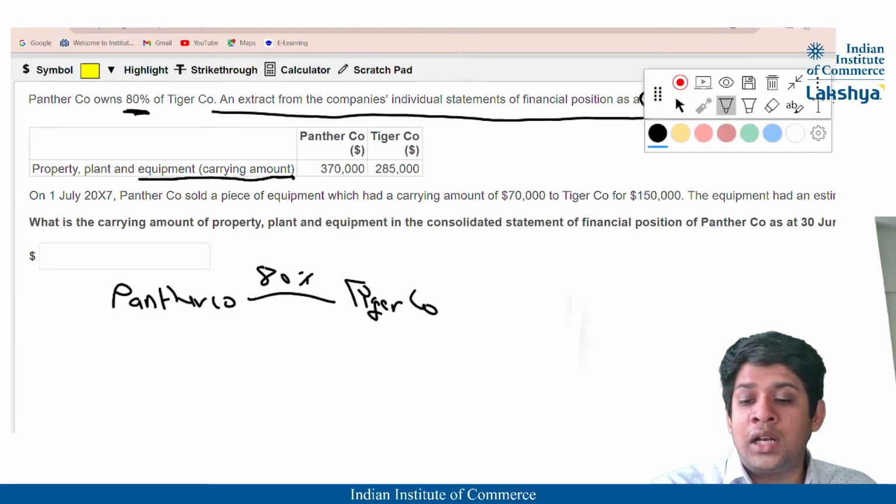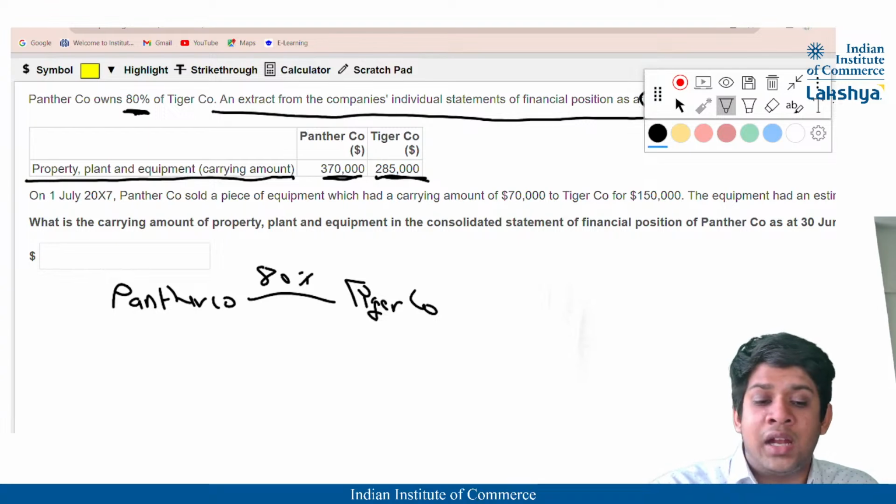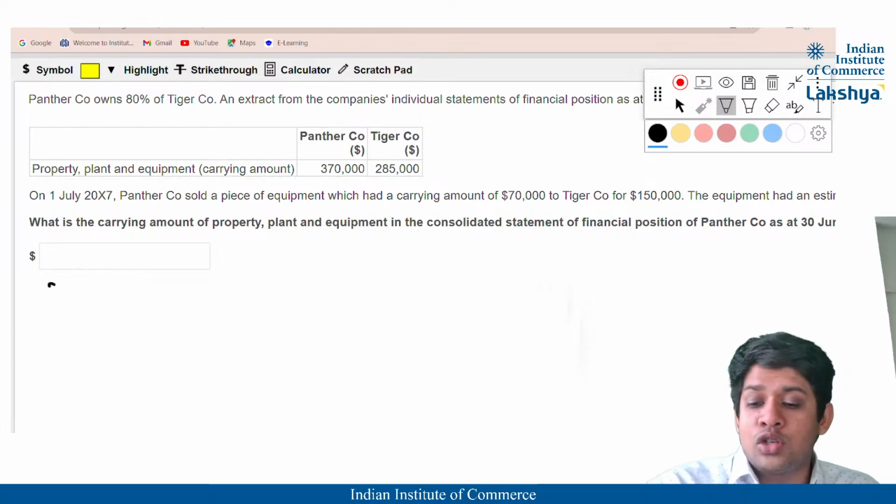So there is property, plant and equipment at a carrying amount. For Panther Company, it is 3,70,000, and for Tiger Company, it is 2,85,000. So technically, usually what we do, we just consolidate 3,70,000 plus 2,85,000 and take the total, right? But there is also one more adjustment here.